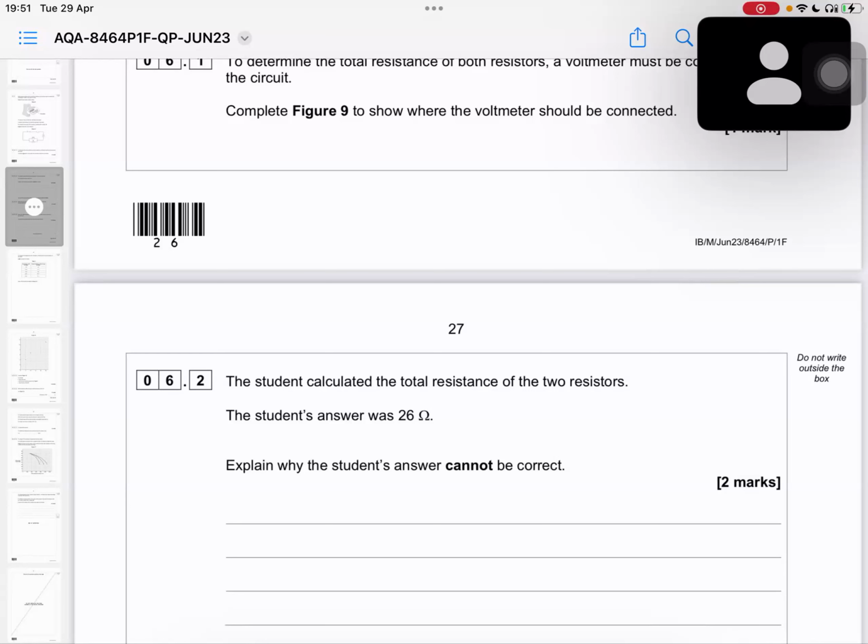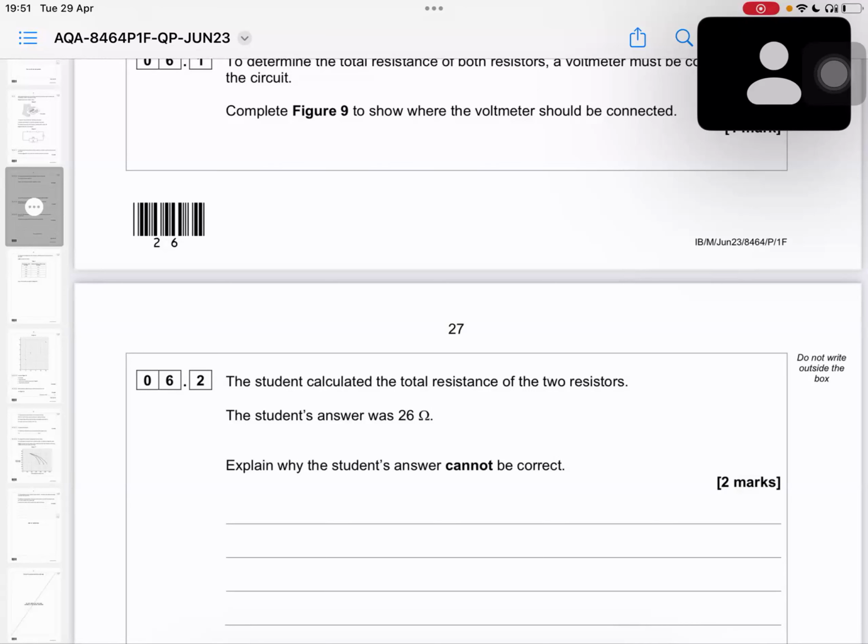But when they're in parallel, like in that diagram, the total resistance is lower than the two resistors combined. So there's no way this value can be correct, because for it to be 26, if one of them is 2, the other would have to be 24. It's not going to be possible that the total resistance will be 26.